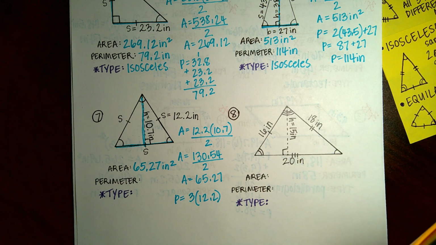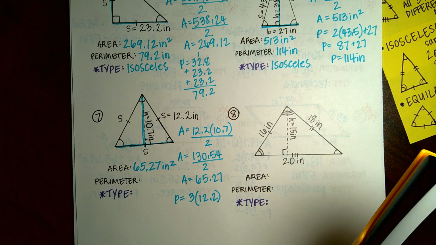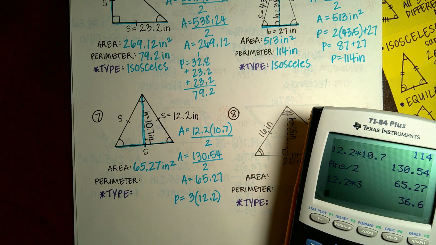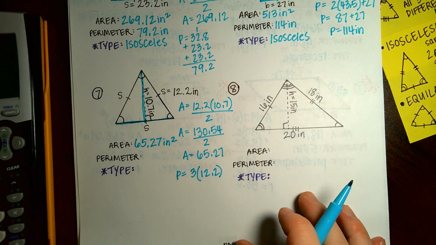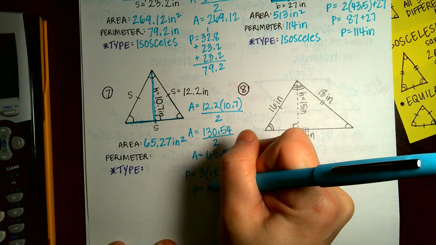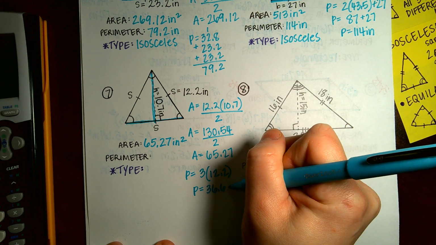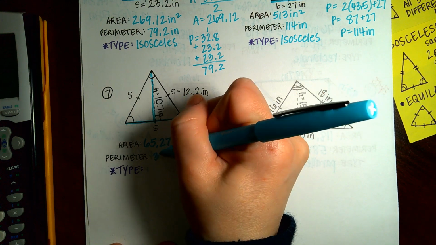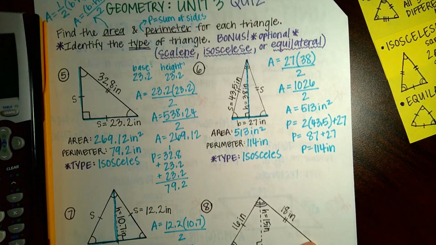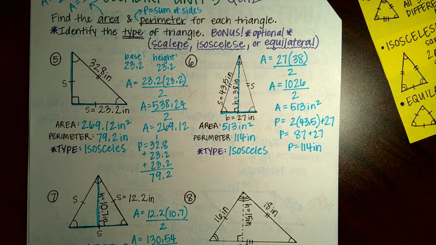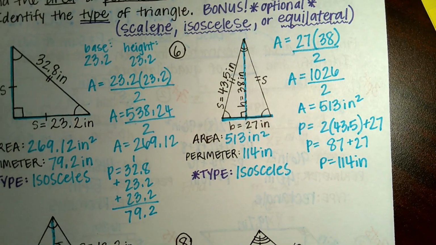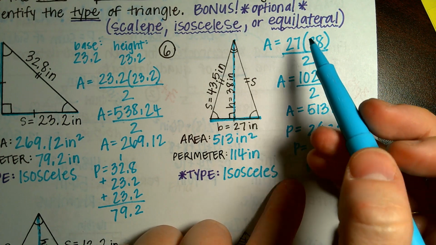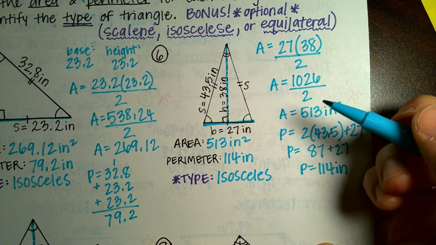That was the same. Why did I get a different area? On which number? Number 6. Okay, area. What did you get for your area? 587.25. Okay, tell me about your work. What did you have written down for your area?